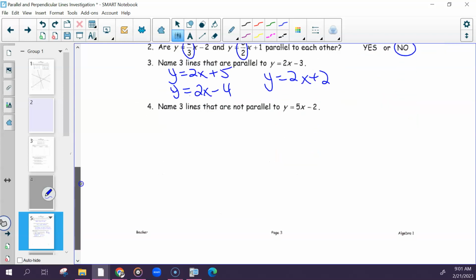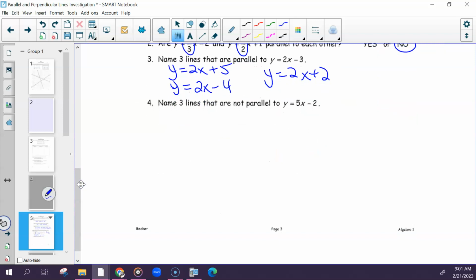Okay. Then name 3 lines that are not parallel to y equals 5x minus 2. They just can't have the same slope. Give me one. Okay, y equals 3x minus 2. Slopes are not the same. Those are not parallel, correct?